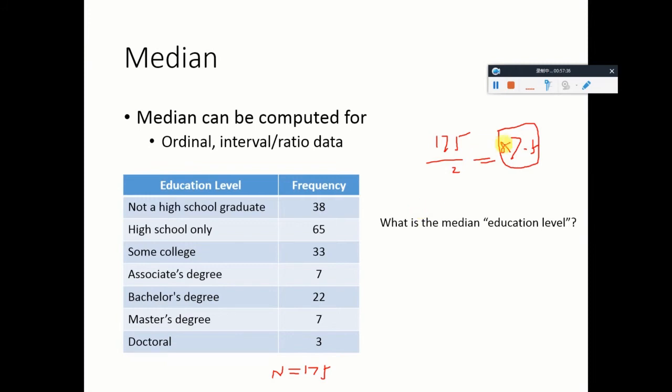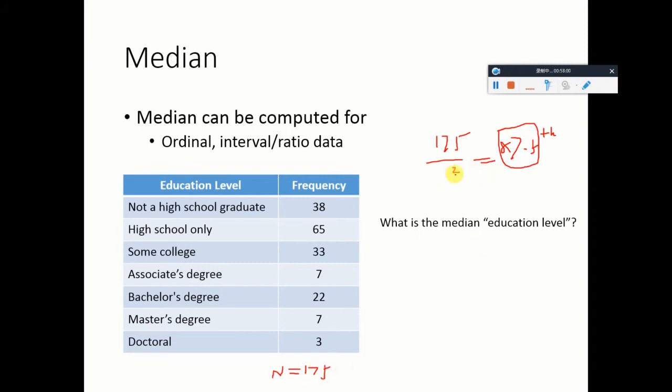Okay? So in other words, we should find the value that includes the 87.5th individual, and that category will be our median education level, because that particular level will include the person that divides the sample of 175 into 2/2.